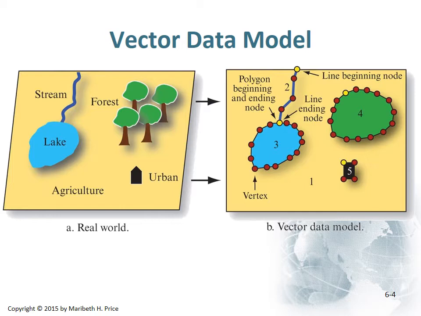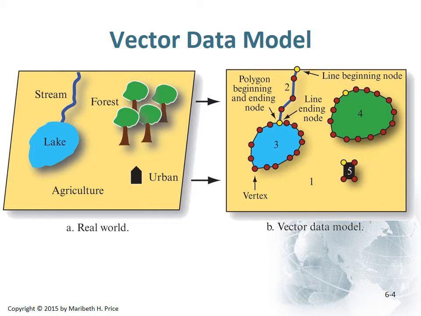The lake is described by a start node and a series of vertices around the perimeter of the lake, ending back at the same start node. So start and end nodes for polygons are the same node. You start and end in the same location.